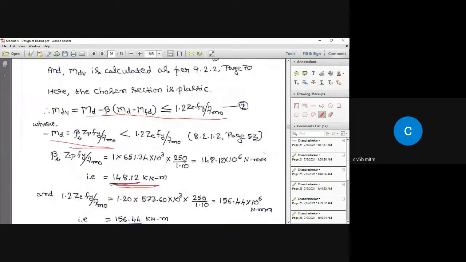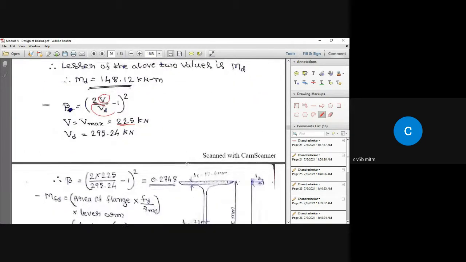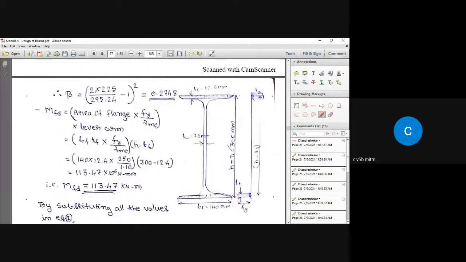Going back to this equation, Md is known, that is 148.12. Beta is calculated. The other thing we need to know is Mfd. For Mfd, it is the area of flange multiplied by fy divided by gamma m0, multiplied by the lever arm.